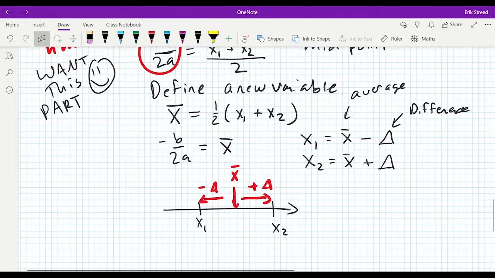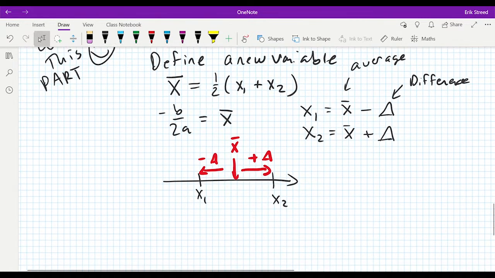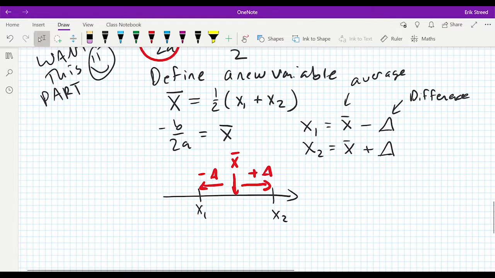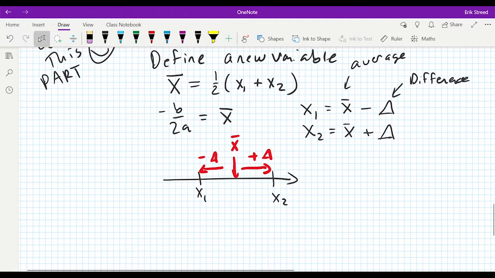We're not doing anything particularly sketchy. And we can then write, if we go and add these two together, use a different color here. What do we get? We get x1 plus x2 is equal to 2 x bar.